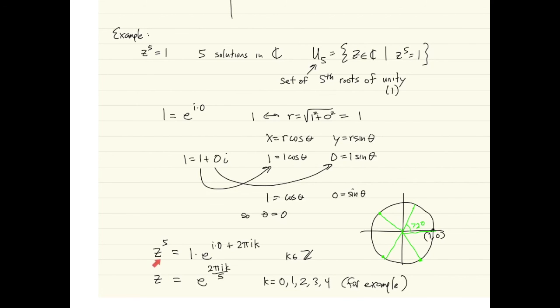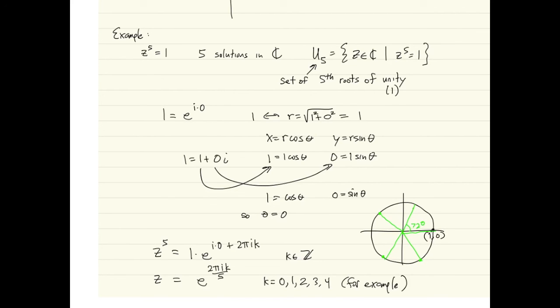So we've got z to the 5th is equal to this, and when you take fifth roots, the 2 pi i k becomes 2 pi i k over 5, where again k is any integer, and then we can take any 5 consecutive values. For example, 0, 1, 2, 3, 4 will give 5 possible answers, and here I've plotted them on the unit circle.